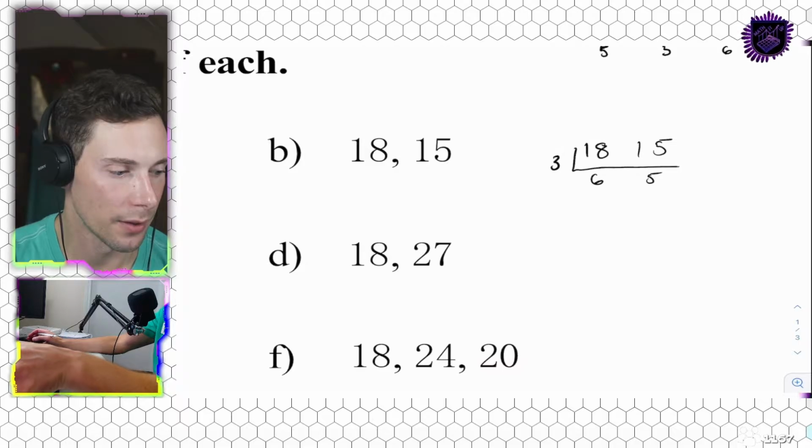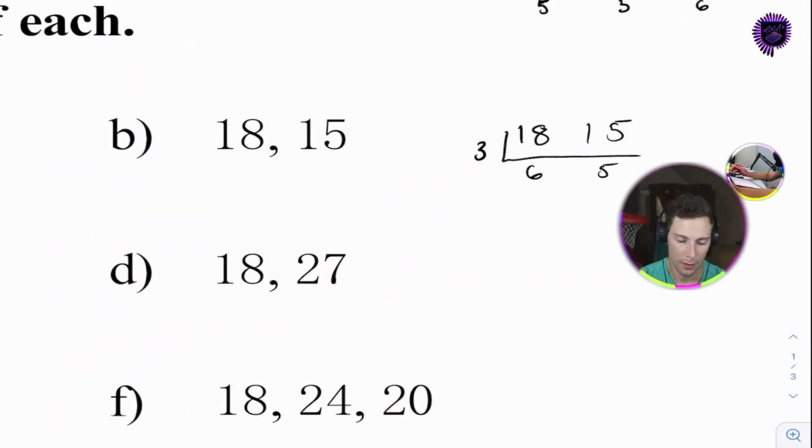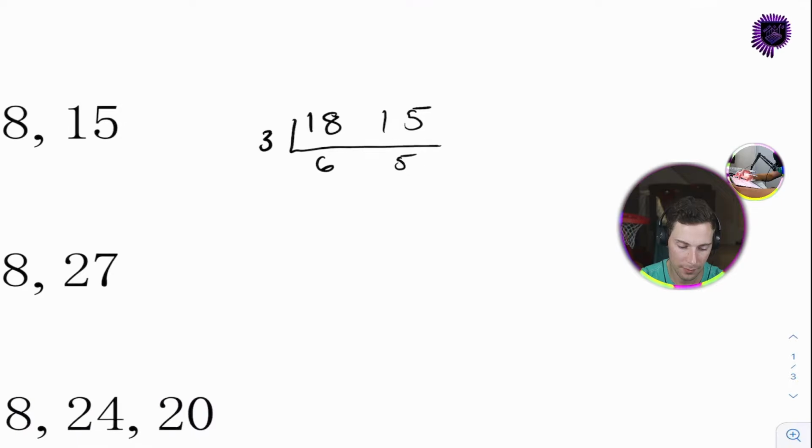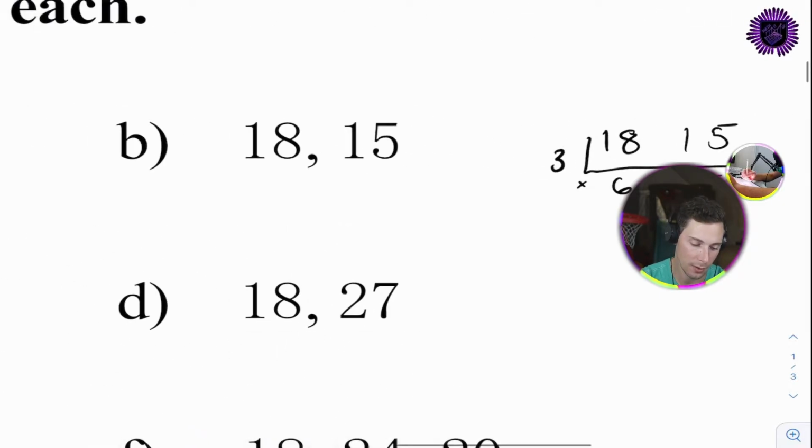So when we do our maths, we're going to go, okay, 3 times 6 times 5. So 18 times 5, I know that 20 times 5 is 100. So 18 times 5 is going to be 90. So our lowest common multiple is going to be 90.